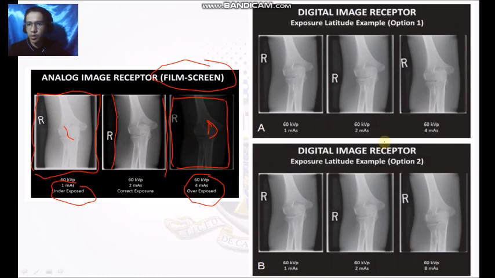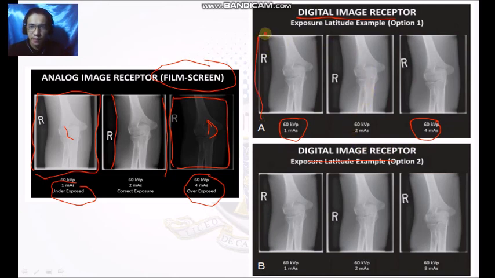When it comes to digital and computed radiography systems, since we can adjust the contrast and density, there is an automatic adjustment of contrast and density. There's also manual adjustment of brightness and contrast. Even if the factors are very low or very high, we could still provide the radiologist with an image.